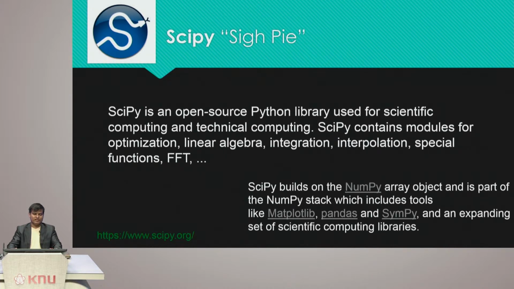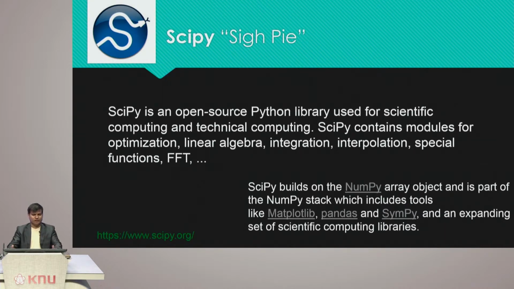In terms of mathematical functions, we can easily implement those functions using the SciPy libraries. Yes, for transformation of data, you can think about any kind of transformation.